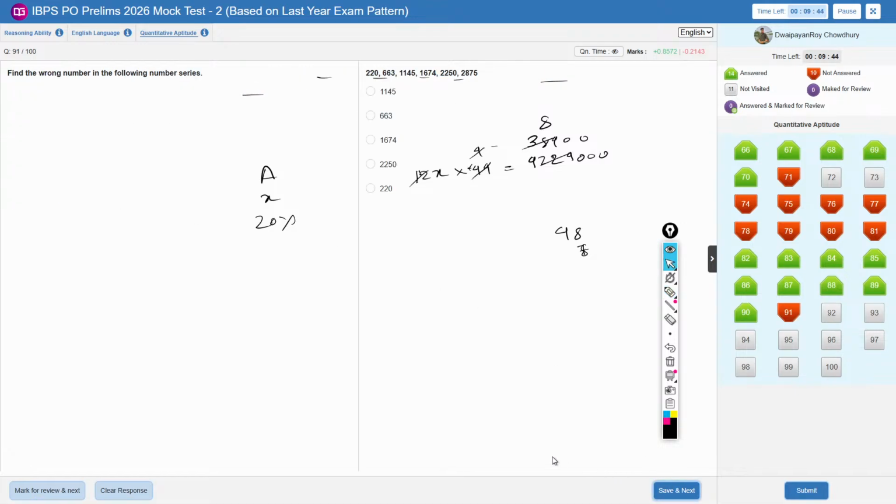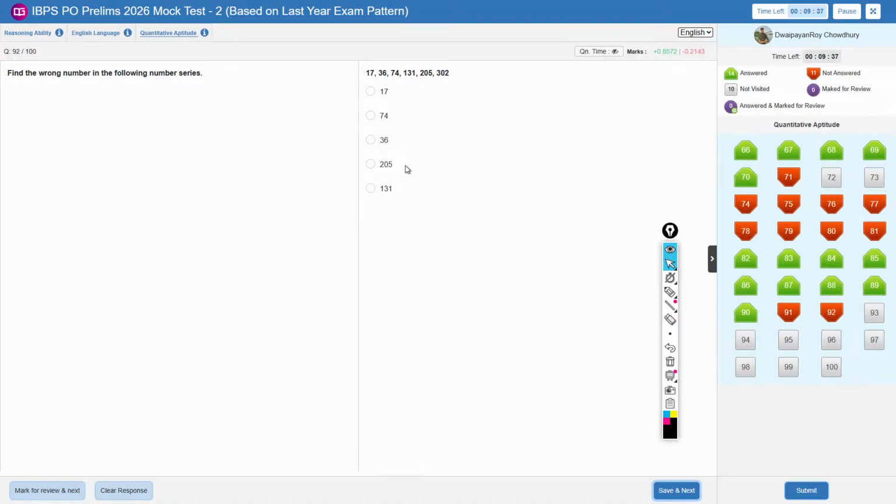or 8,000 rather. So what is the wrong number? Into 2 plus 2, into 2 plus 2, no. But into 2 plus 3, into 2 plus 4, like that, no. Into 2 plus 1, into 2, what? Okay, we are taking gaps. Definitely not into 2. So the first gap is of 17 and 2, 19.